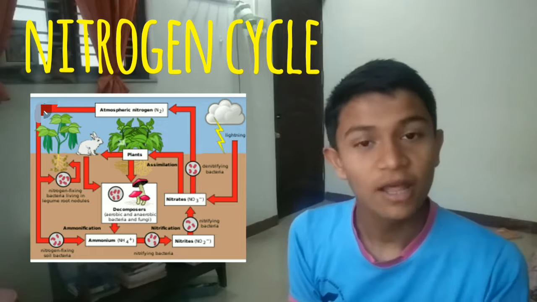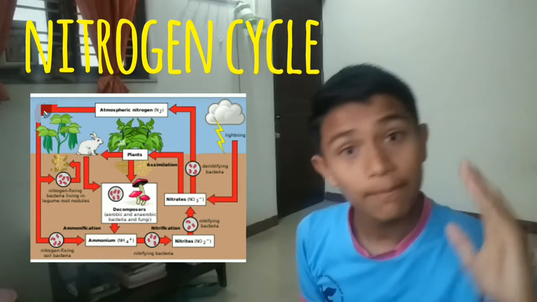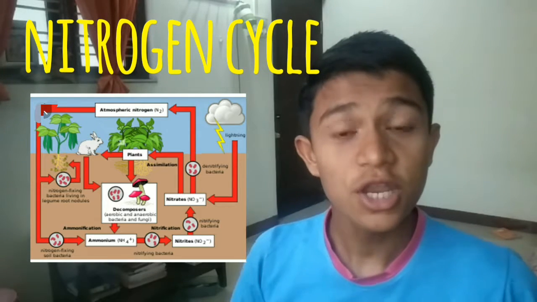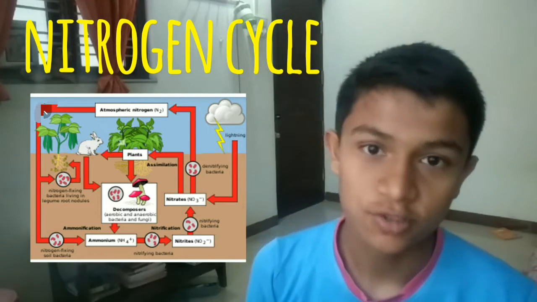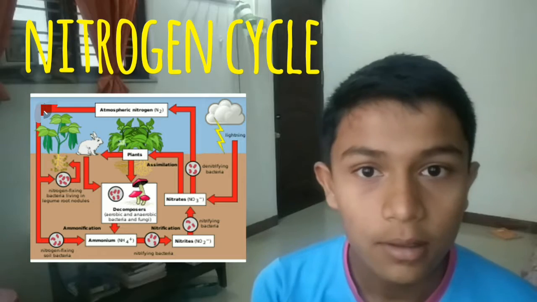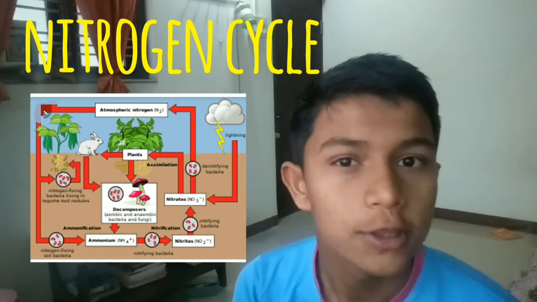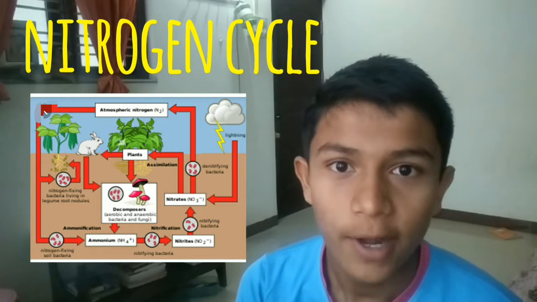Another topic is the nitrogen cycle. Nitrogen is cycled in the environment by microorganisms, and many organisms play a very important role in giving us fresh nitrogen in this world. There are certain steps to be followed in the nitrogen cycle.